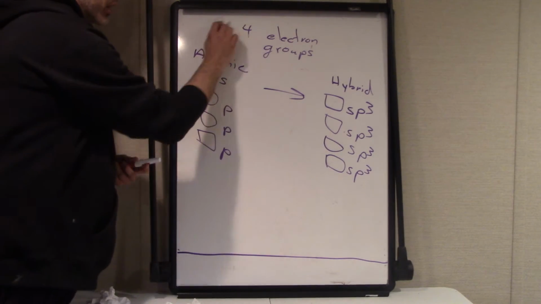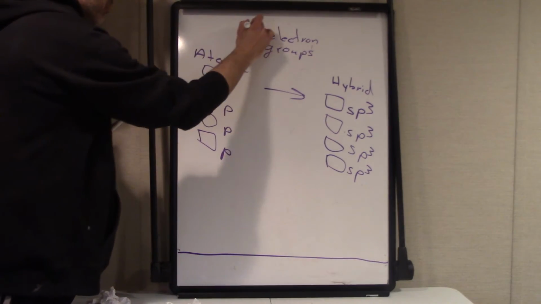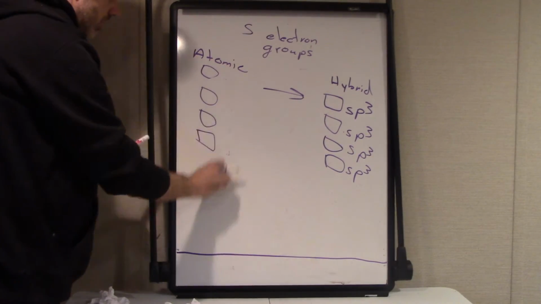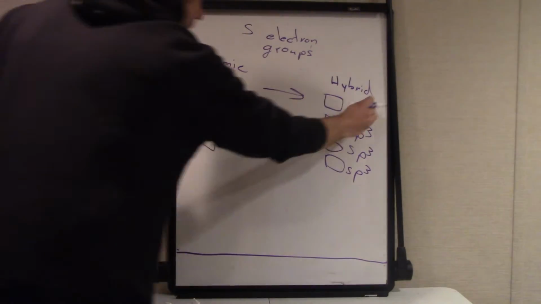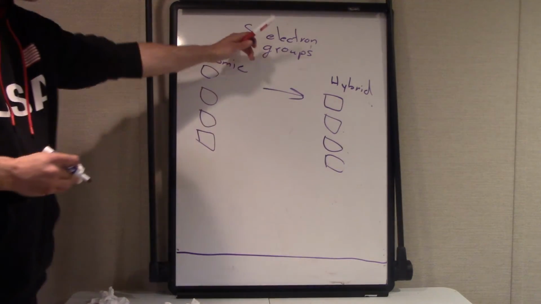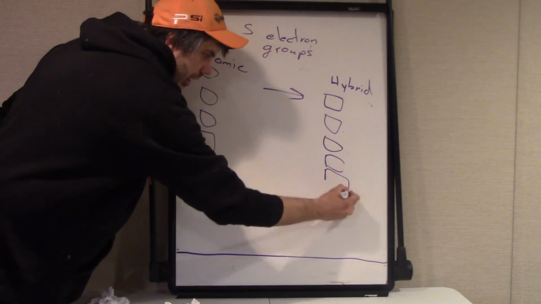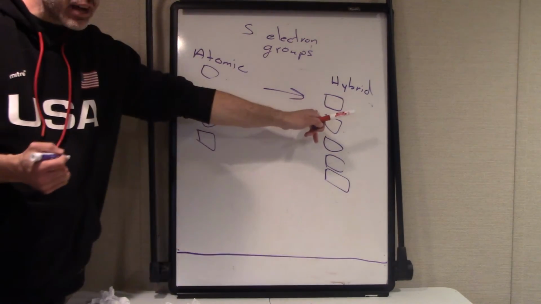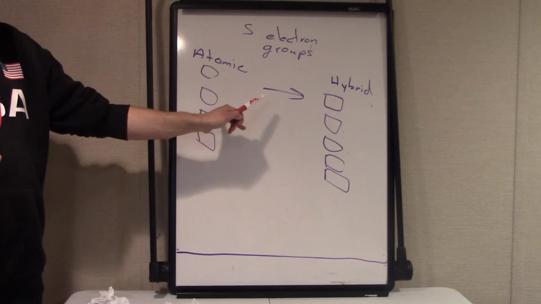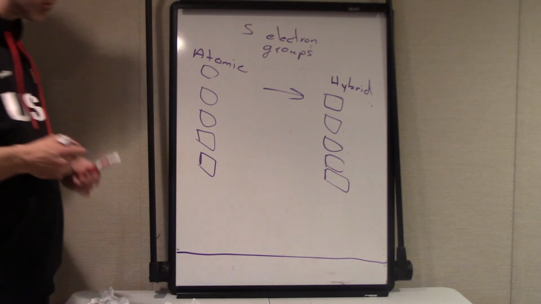We keep on going up, and I do five electron groups. Take off the previous one. Five electron groups now means I need five hybrid orbitals. That was that first guideline. Five hybrid orbitals have to come from five atomic orbitals. That's that second guideline we've been talking about.